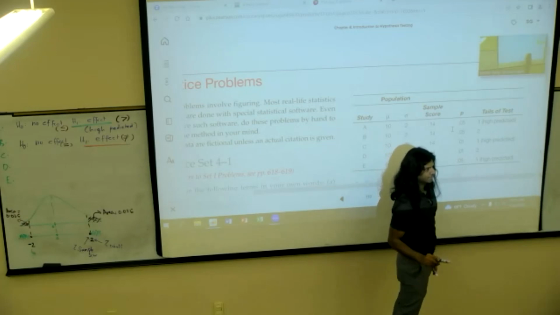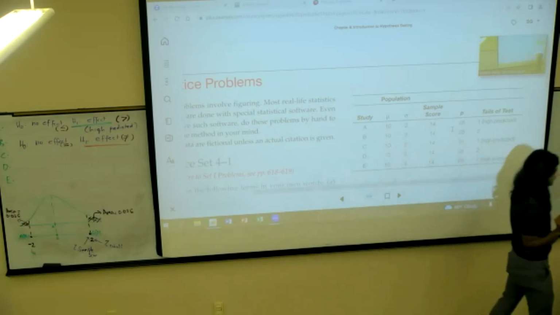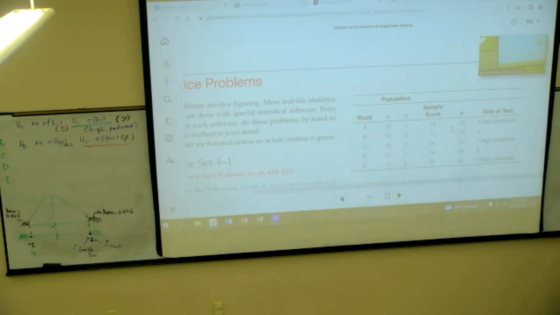I wrote it last time. Do we have it in our notes? I believe I wrote it for 0.05, both unidirectional, bidirectional. 0.1, both unidirectional, bidirectional. 0.01, both unidirectional, bidirectional. Did I write all three? I have the cutoff for 0.05, 0.01, and 0.1, and then the significance level. Oh, yes.